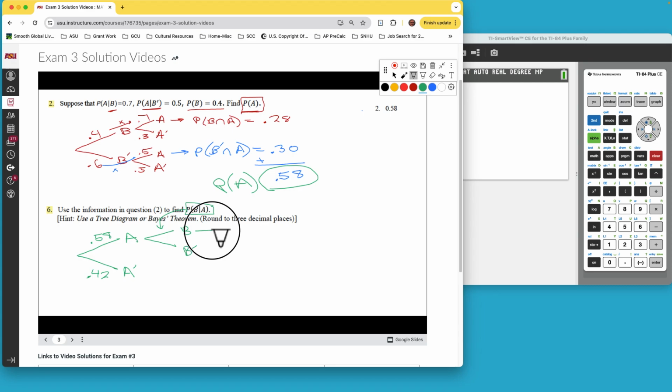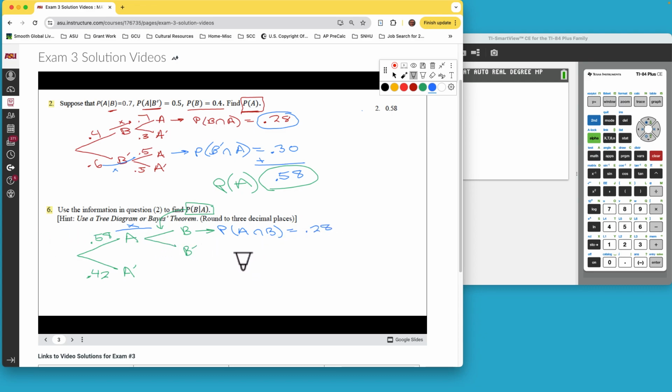But what we do know is that if we go along this path and multiply these two, we will get the probability of A intersect B, which is also the probability of B intersect A. We've got that up here, which is this number right here, equal to 0.28.